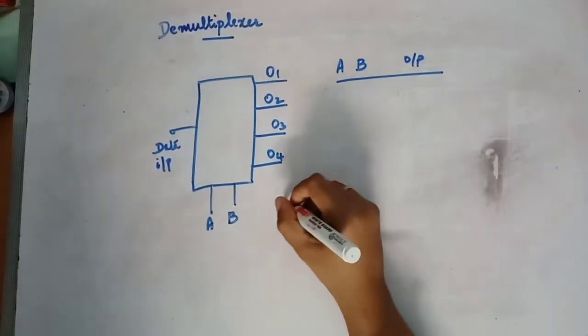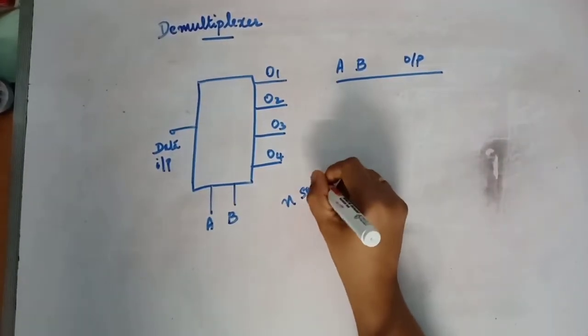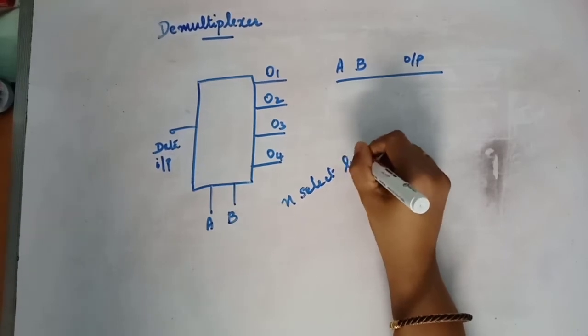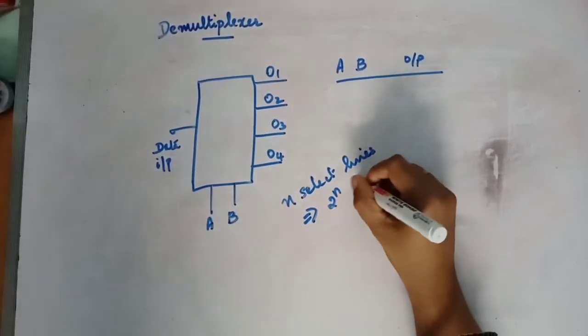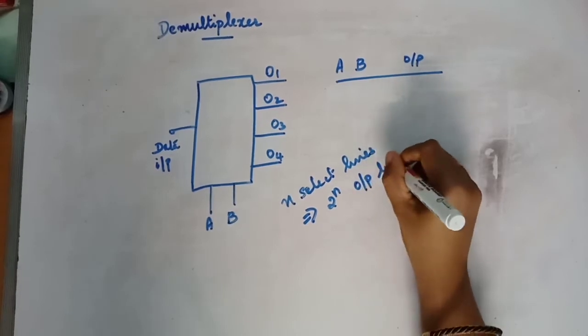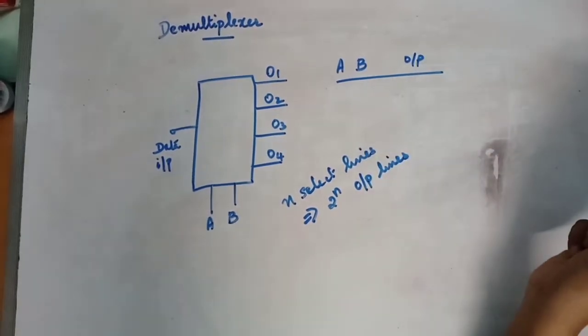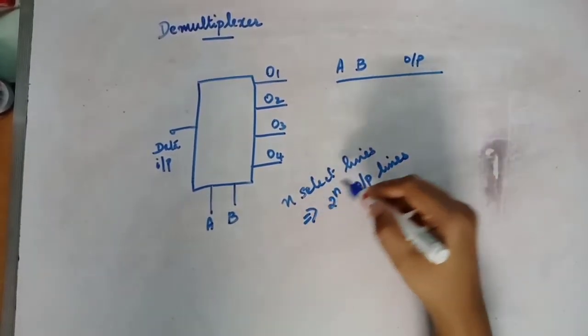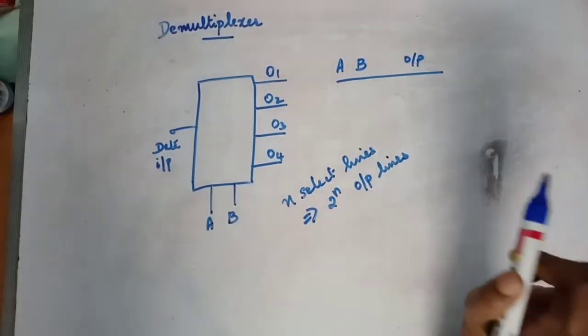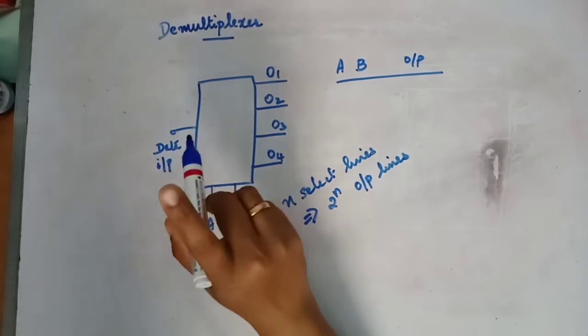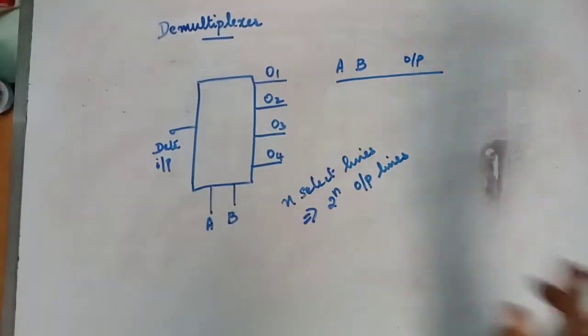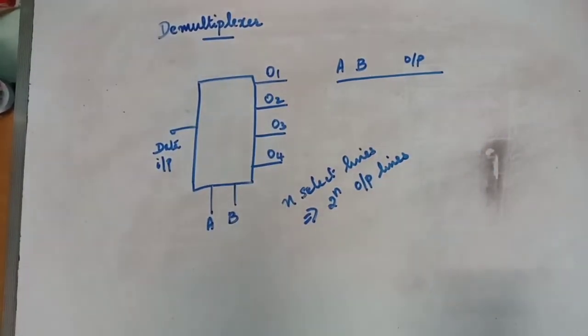That is, if you have n select lines, then you will have 2 raised to n output lines in a demultiplexer. In the case of multiplexer, if you have n select lines, you have 2 raised to n input lines. Here you have only one data line or one input line. Okay. There you had only one output line.